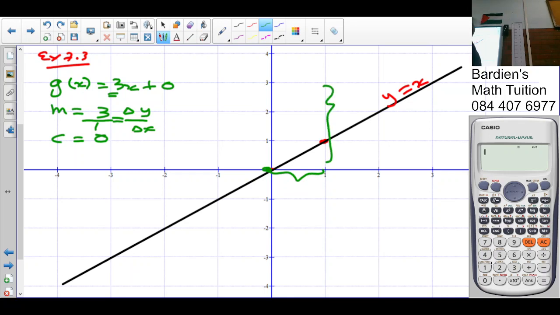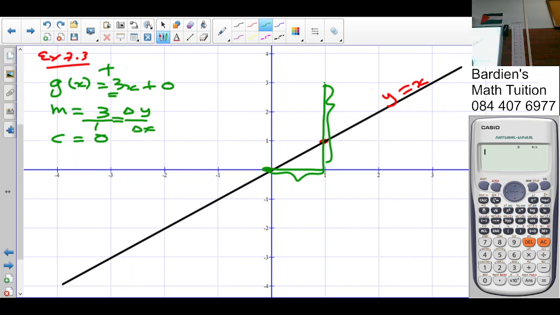Can you see that? So if I run from 0, it will go to 1. And if I rise by 3, it will go to 3. So it's my run and my rise. How do I know the graph is increasing? Because the gradient is positive. If the 3 had been negative, the graph would have been decreasing. You understand?